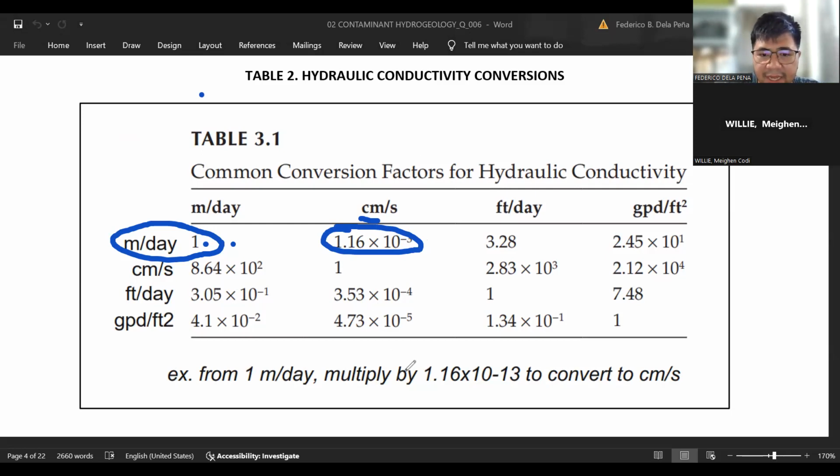So 1 times 1.16 times 10 to the negative 3 to convert to centimeters per second.